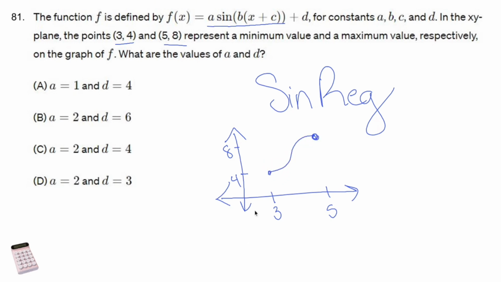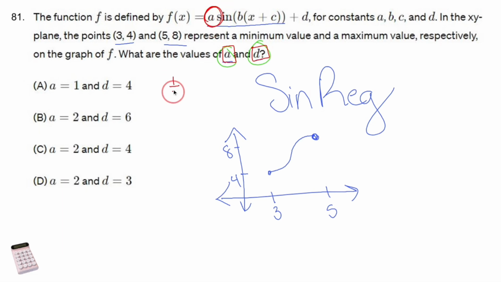Okay? There's not a ton, but we only need to find 2 things, A and D. I care about A, I care about D. A stands for amplitude.